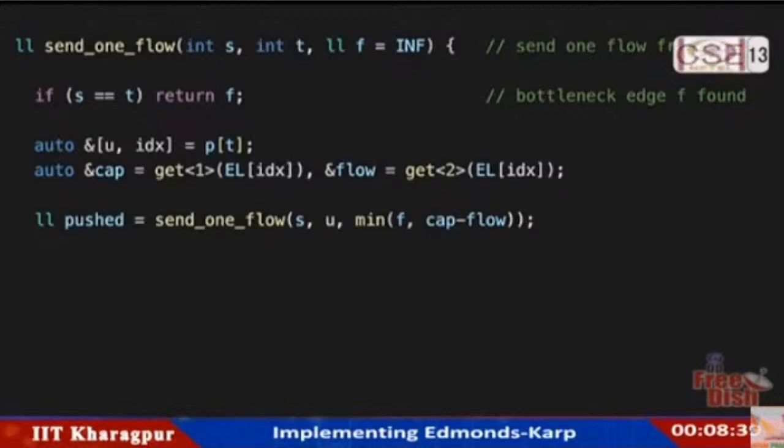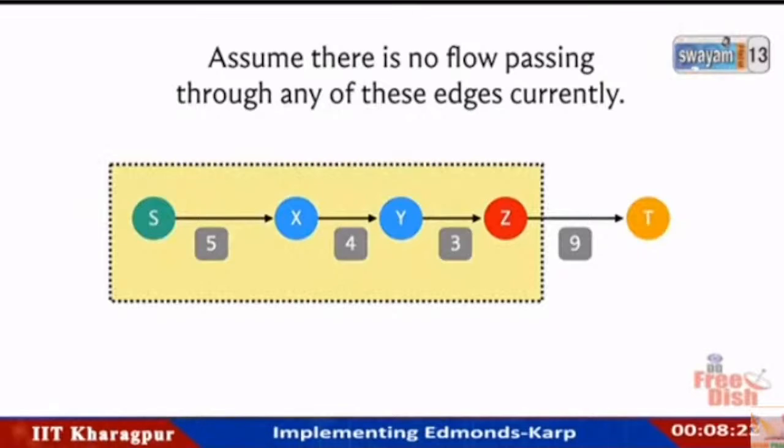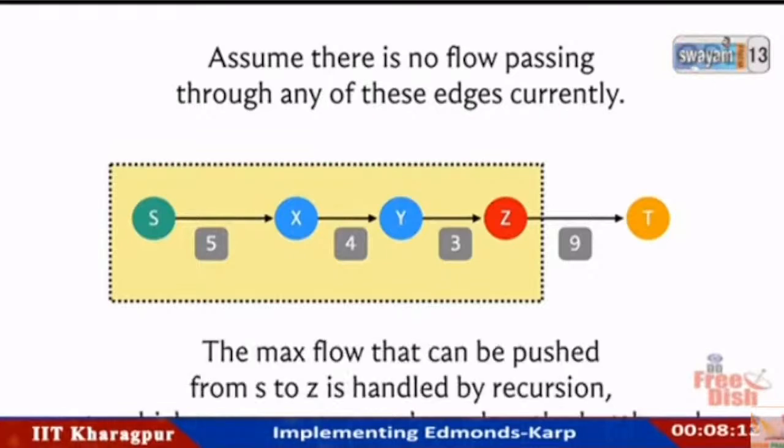So just to see what's going on a bit visually, let's say that this is the ST path along the BFS edges. Our first focus is on T, and we found the parent of T, and we said that parent is Z, and now we are performing recursion on S to Z. So we're saying, okay, find the best flow that you can send from S to Z, keeping in mind that so far the bottleneck that we have discovered is 9.